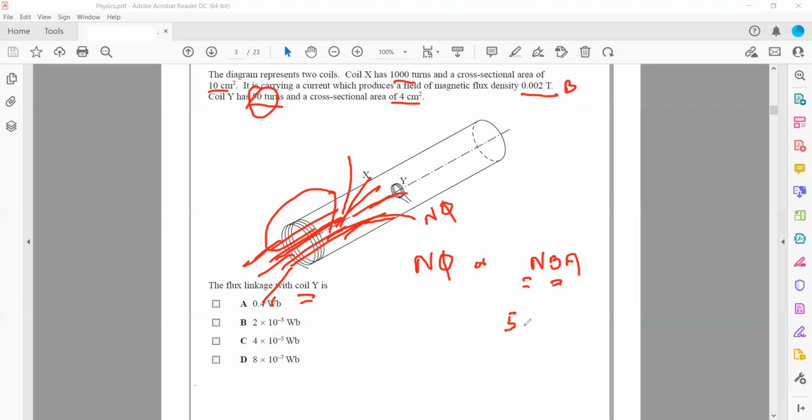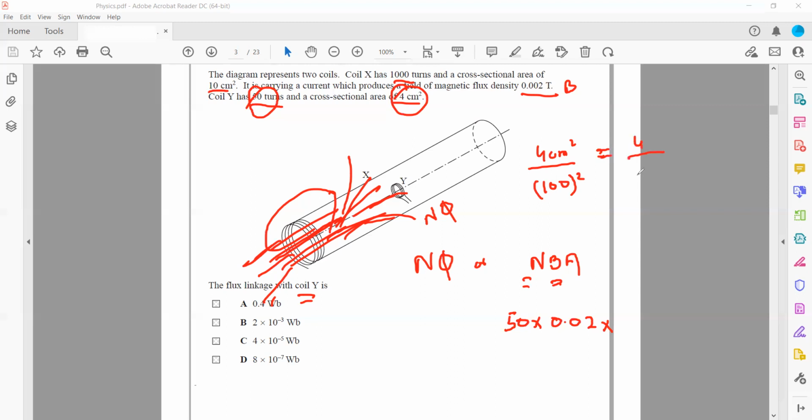N is the number of turns, which is 50. B is the strength of the magnetic field passing, 0.02, multiplied by area. But as you can see, it is 4 centimeter square, so we have to convert into meter square because of the SI unit. To convert centimeter into meter we divide by 100, but this is centimeter square, so we divide by 100 squared.